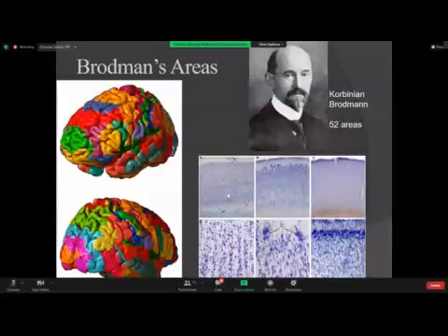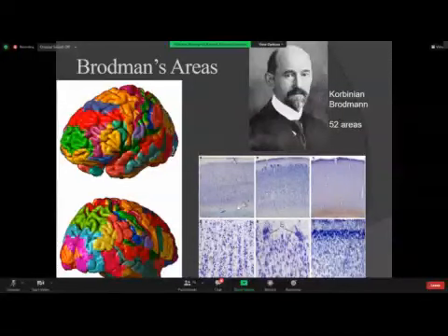You give them crystal violet and basically set it up like that, and you can see different regions of the brain. He made sections all over the brain, and just by very carefully looking at the organization of these layers, he divided them into 52 areas.